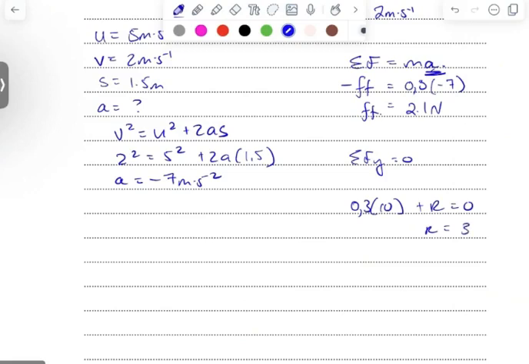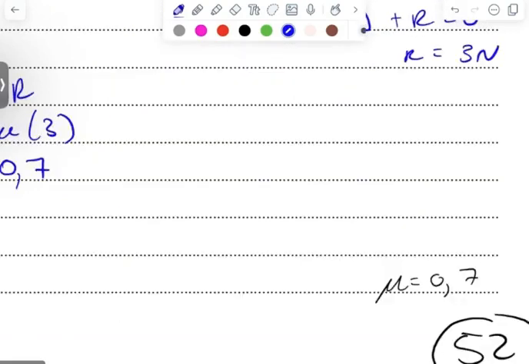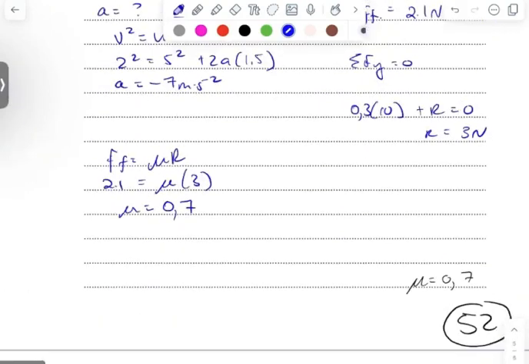So that's going to be 3 newtons acting up. And then if we jump into our frictional force, we're going to have 2.1 and 3. And that's going to give us an answer of 0.7. And you can see that that is the correct answer over here.